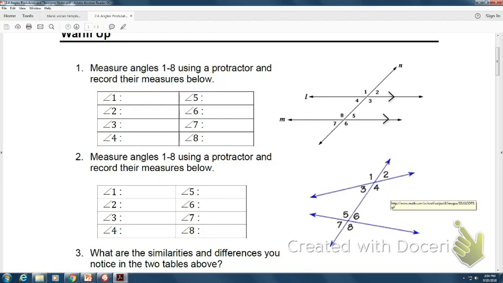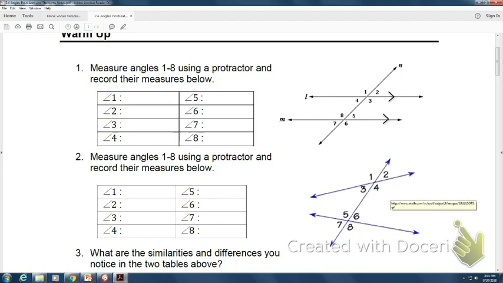In order to be successful, you're probably going to have to extend all of your lines so that your protractor will reach. But I want you to measure all of these 8 angles and all of these 8 angles. However, these lines are parallel.